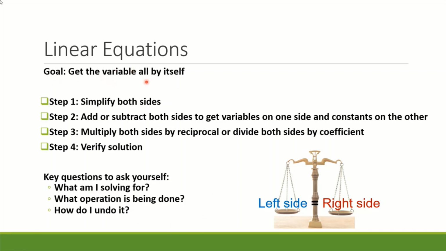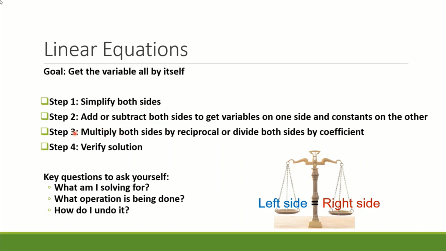So your goal is to get the variable all by itself. So the first step is to simplify both sides. This is where the previous section comes in with simplifying algebraic expressions. Then step 2 is to add or subtract both sides, because you want to get the variables on one side and the constants on the other side.